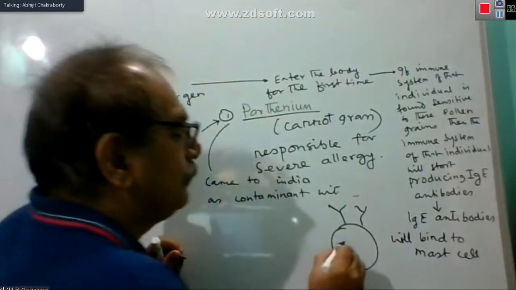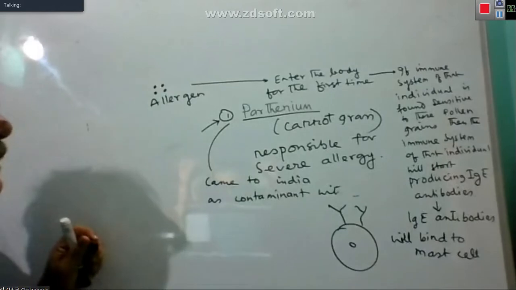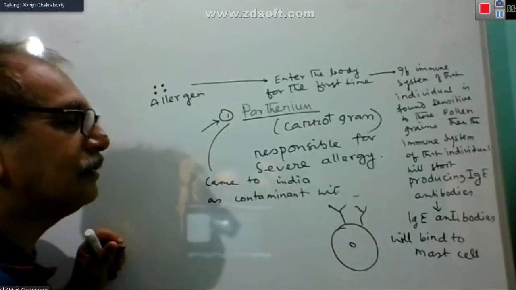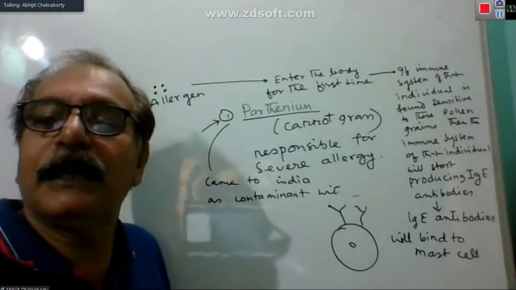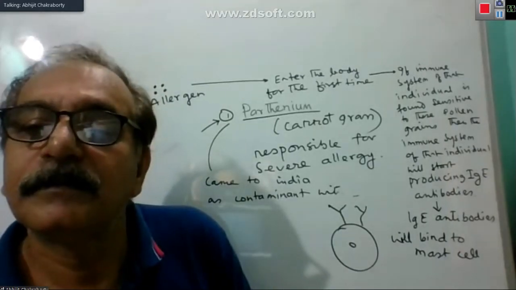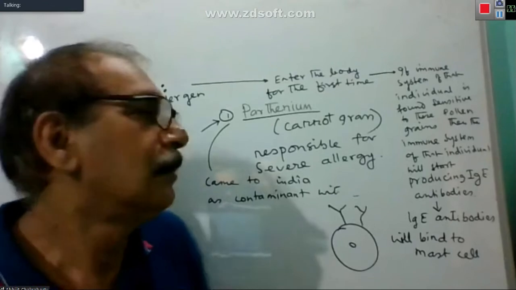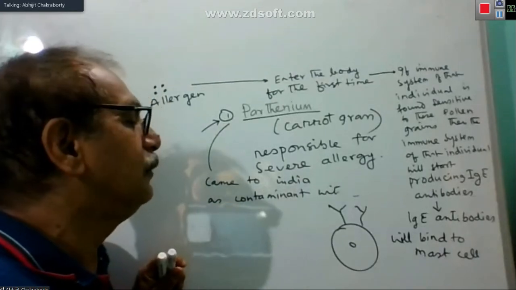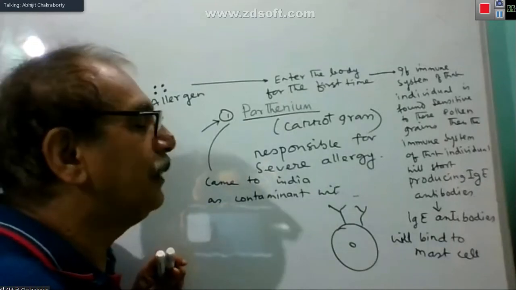IgE antibodies bind to it. So no symptoms appear for the first entry, when the allergen enters the body for the first time. Contaminant with imported wheat.